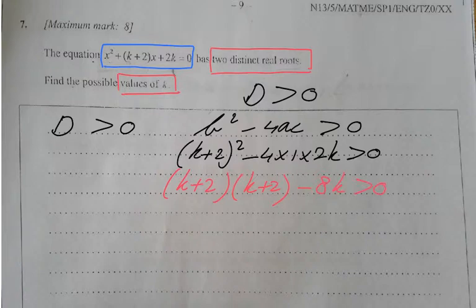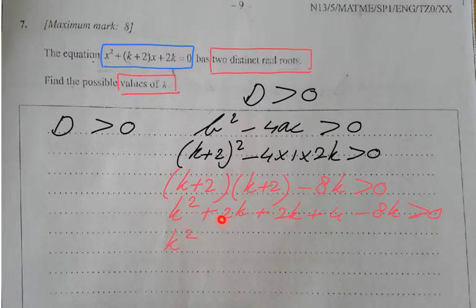Okay, so please don't be one of those students who says k squared plus 4. No, because if you properly expand this, you're going to get k squared plus 2k plus 2k plus 4, and then minus the 8k, and all of that needs to be bigger than 0. Good. Let's simplify that. Do we have some like terms? k squared, that's the only term with a square, so k squared.